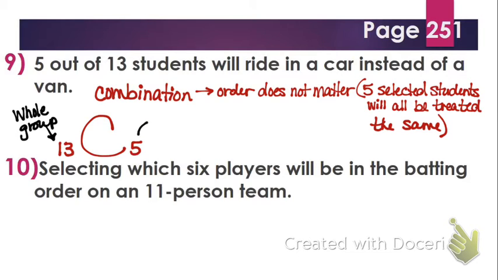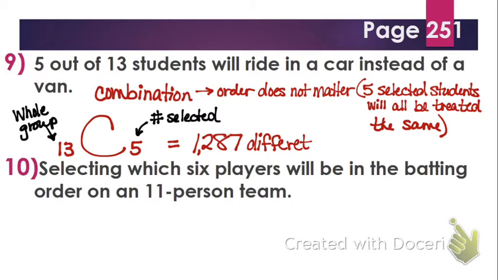This is how many will actually be selected. How many different ways can this happen? 1,287 different ways that these students can be selected.